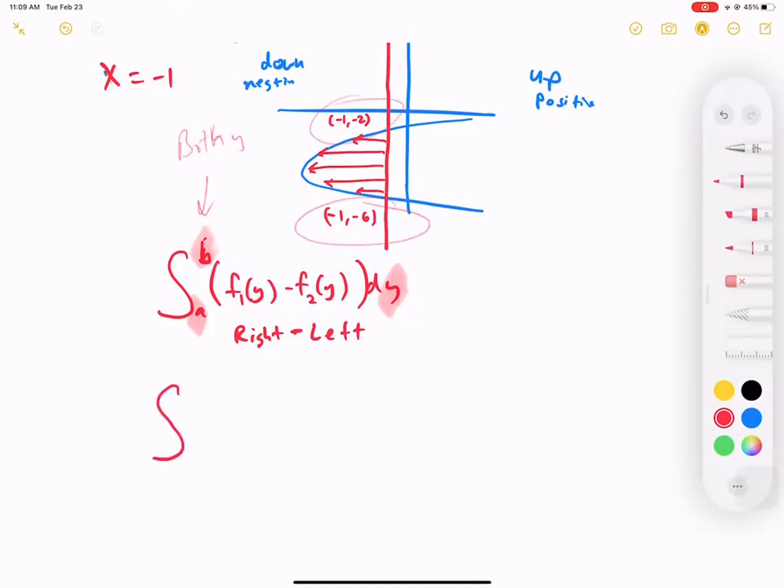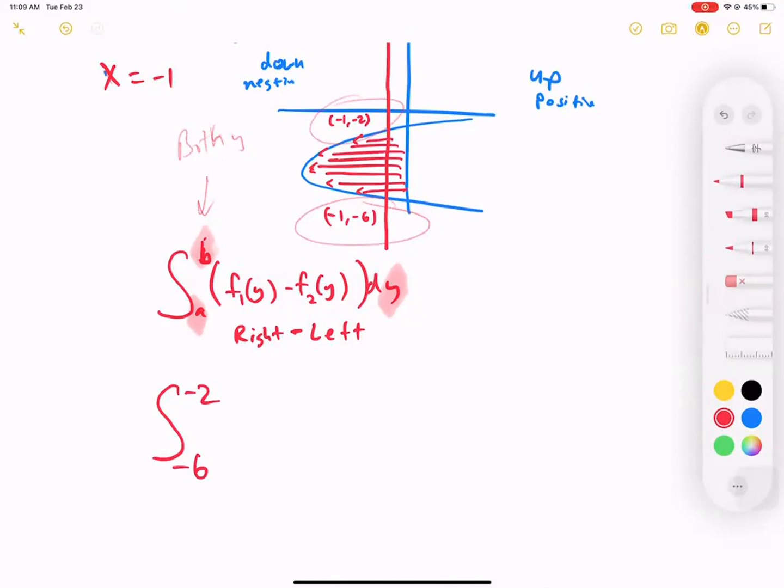It's going to go from -6 to -2. So what we're doing here, we're going to start drawing our lines. Instead of right to left, we're going to go down to up. So take a look. We're going to go lower to higher, so from -6 to -2.